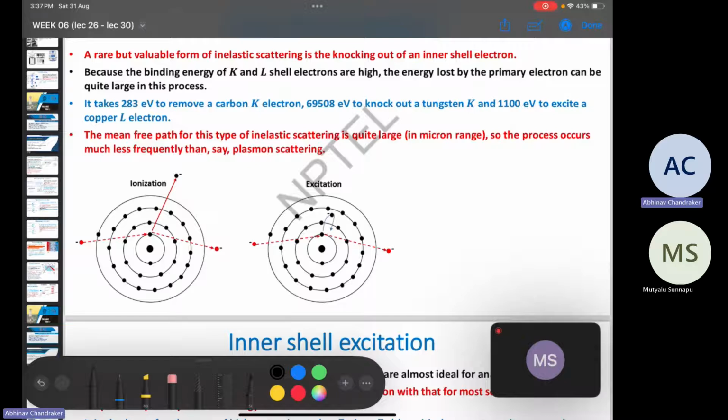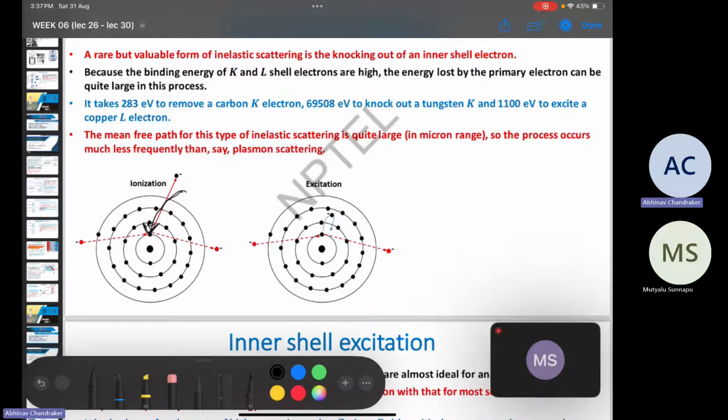And to relax, one of the electrons from a higher shell will try to move to the shell having the electron vacancy, and since there is a reduction in energy when this happens, this will lead to generation of energy in the form of X-rays, electromagnetic radiation.